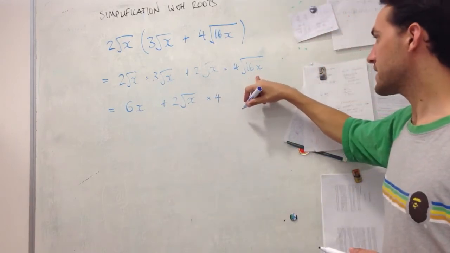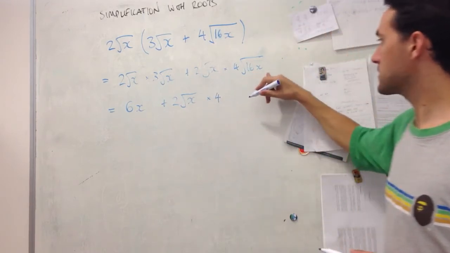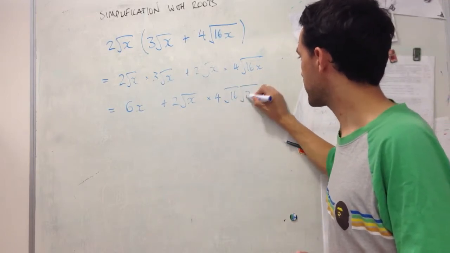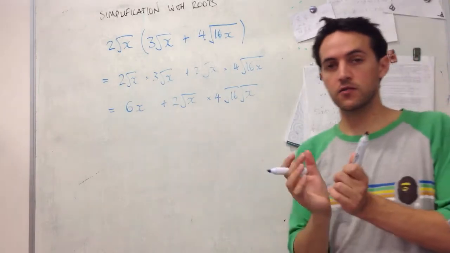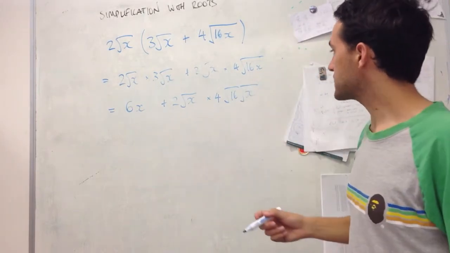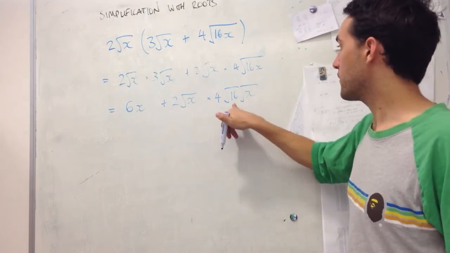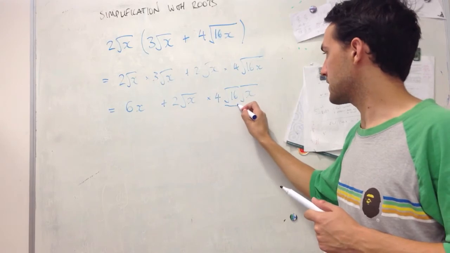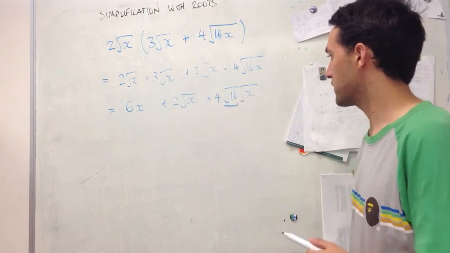Now inside the brackets here I've got 16 times x, which can be written like this, since that square root is applying to everything inside the brackets here. And the reason why I bother expanding this out is because root 16 is equal to 4, so it's a perfect root.